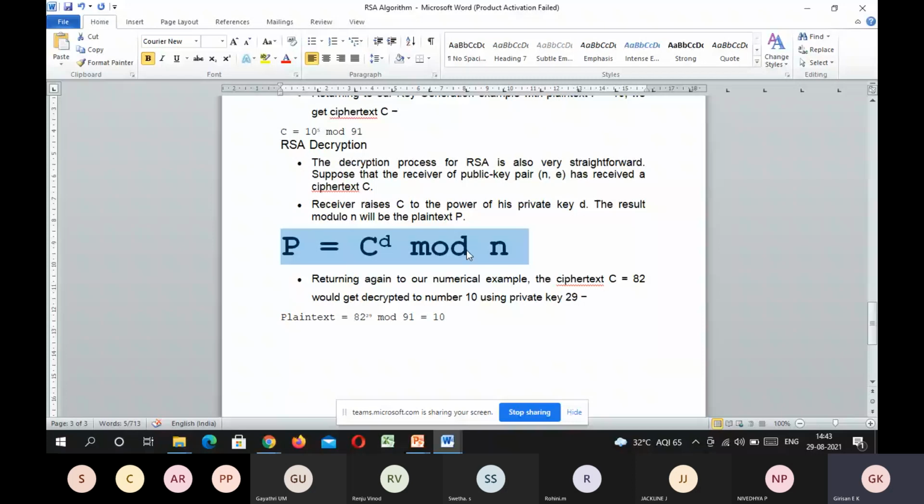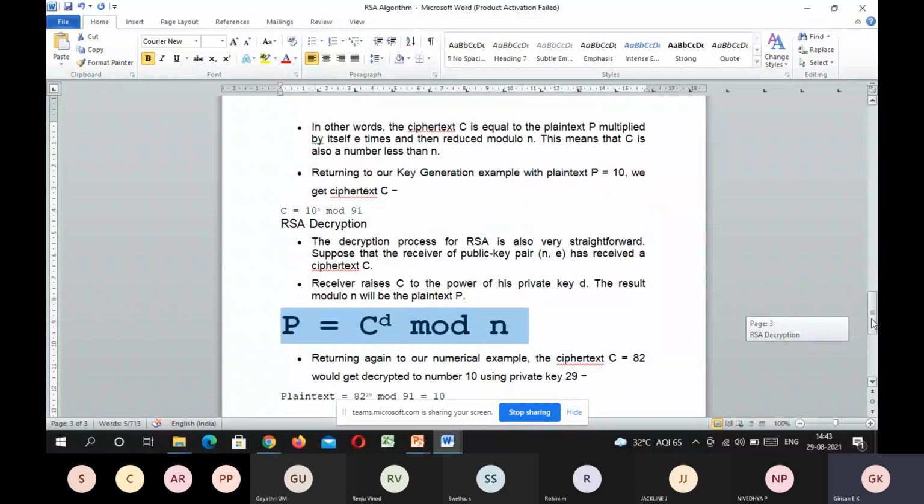You can use it in two ways, as I told you in the earlier class, we can use the public key crypto system in two ways. Therefore, the decryption is done as P, that is plain text, is equal to C raised to D mod N. So we get the plain text from this mathematical formulation. This is how we perform the decryption using RSA.